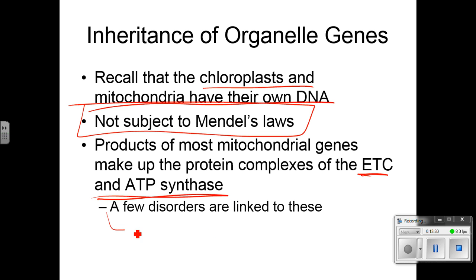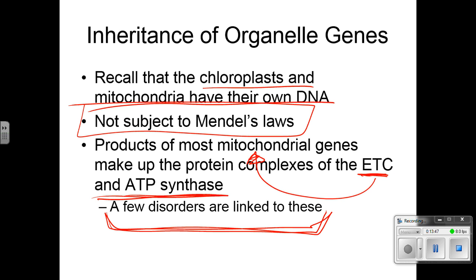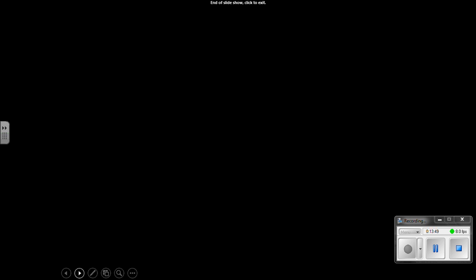A few disorders are actually linked to these, and remember the mitochondrial DNA is inherited from the mother directly, and that's interesting, or makes sense, I guess, that they have to do ATP synthase and the electron transport chain because that's where cellular respiration happens. And that's the end of that.